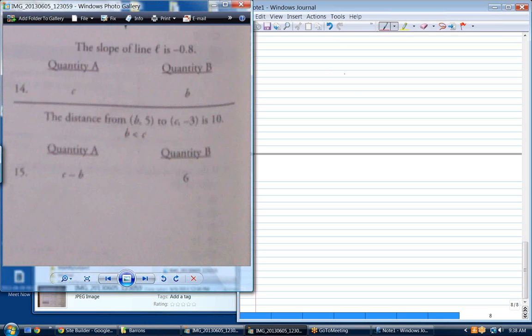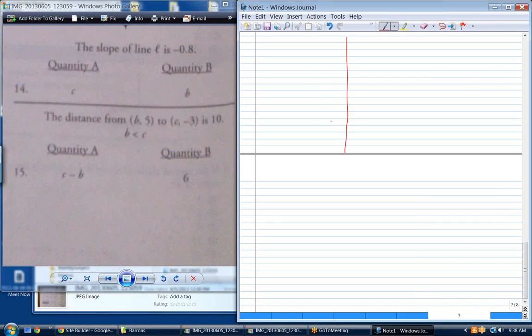Okay, so let's try to draw something. One point is B comma 5. Well, here's 5. We'll make B a positive number just for the heck of it. So we'll put B comma 5 right there. And C comma negative 3, well, we know the negative 3 part is right about here.